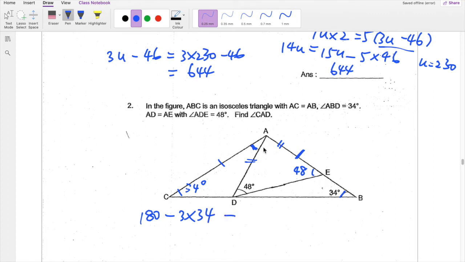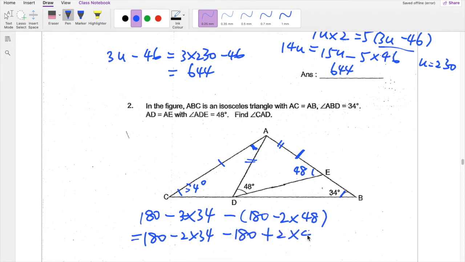Then minus, how about this angle? This angle is 180 minus 2 times 48. So this one, 180 minus 2 times 34, minus 180 plus 2 times 48.